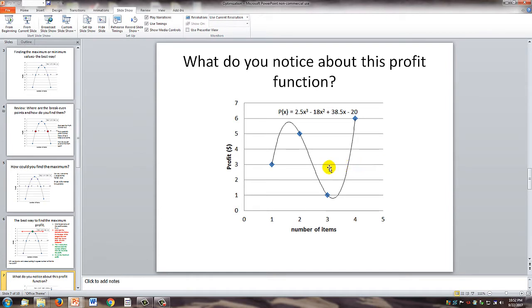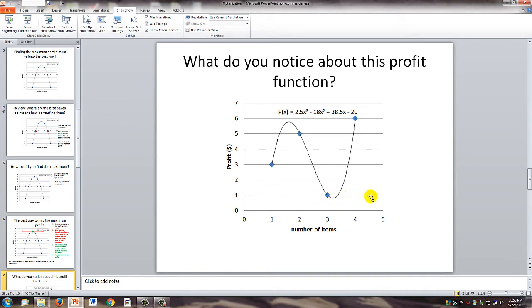However, what if you have a cubic function? You had a cubic function in your presentation questions, and you're still going to be able to do the same thing. If you take the derivative of this profit function and goal seek it to 0, you'll find an x coordinate where there is a horizontal line. But the problem is there could be a horizontal line right here, which would give you a maximum at x equal maybe 1.5.